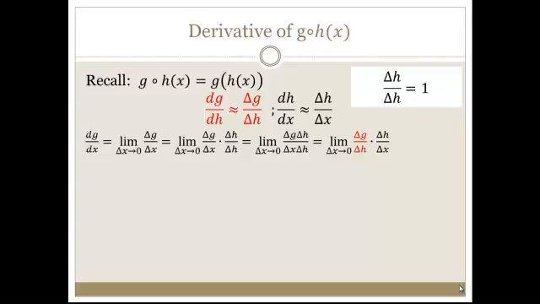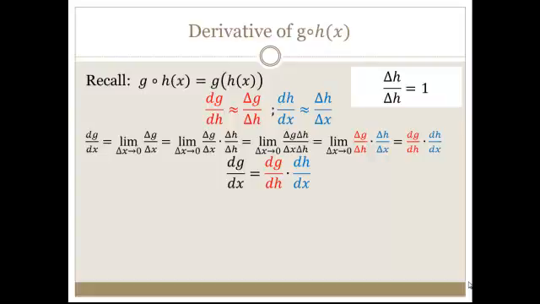But the change in g over the change in h is roughly the derivative of g with respect to h. And the change in h over the change in x is roughly the derivative of h with respect to x. So this is the derivative of g with respect to h times the derivative of h with respect to x.